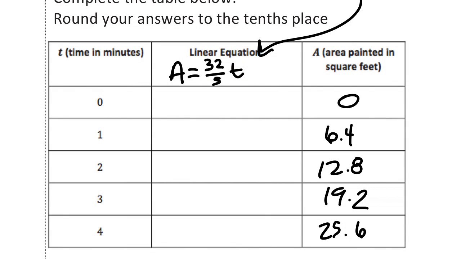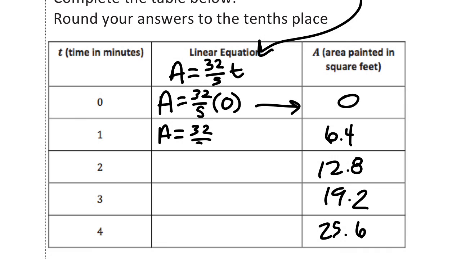Okay, so all we have to do is plug in the time for the T and do the math. So A equals 32 over 5 times 0. We should know that anything times 0 is 0. That's how we get that point. Okay, A equals 32 over 5 times 1. Well, that's just 32 over 5, so what I did is I divided it. So if you do 32 inside, 5 outside, you should get 6.4.